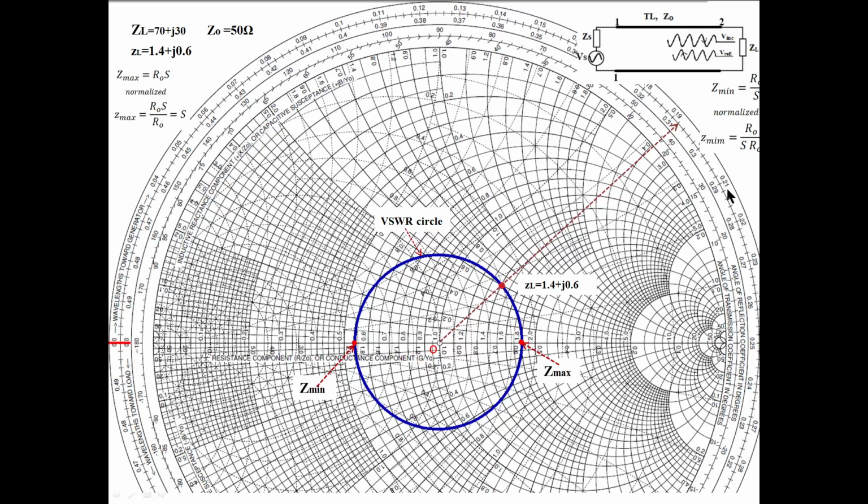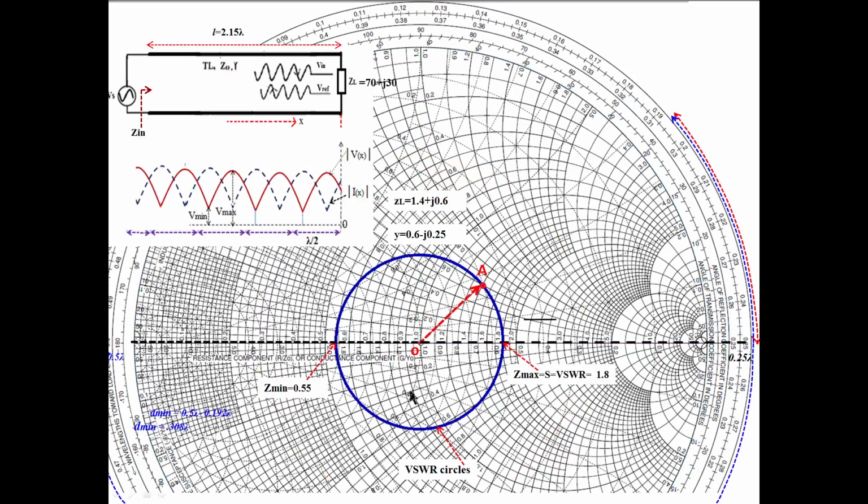You go 15 divisions, 1 2 3 4 5 6 7 8 9 10, stop there, and draw a line to the center of the Smith chart. It cuts the VSWR circle somewhere. You note down the value of the impedance at that position. That gives the impedance at the input position. Okay, that way.